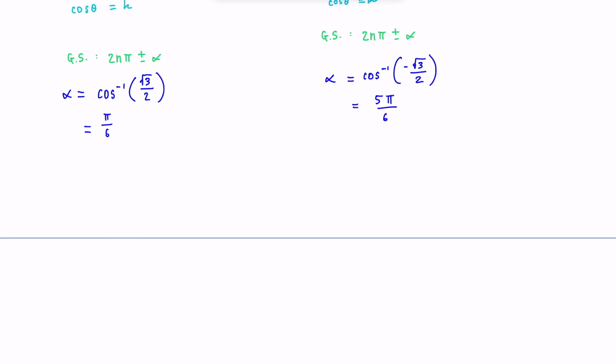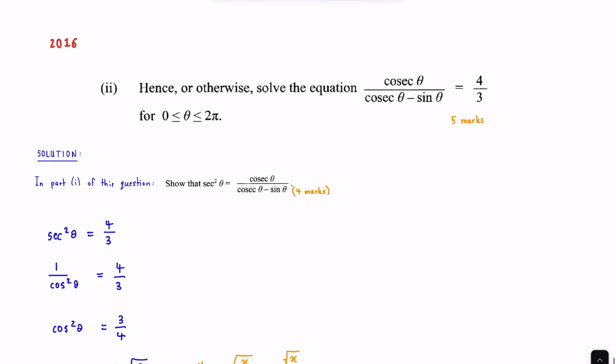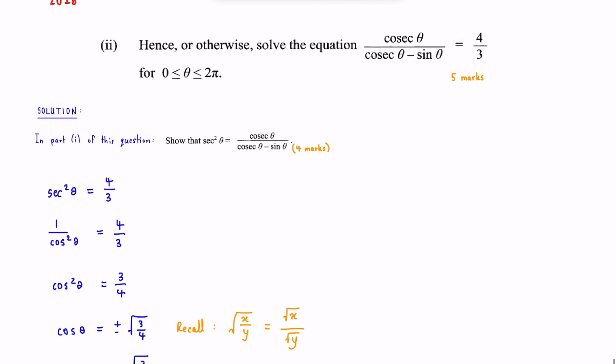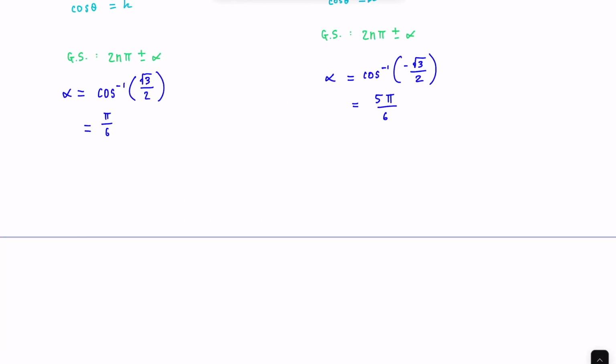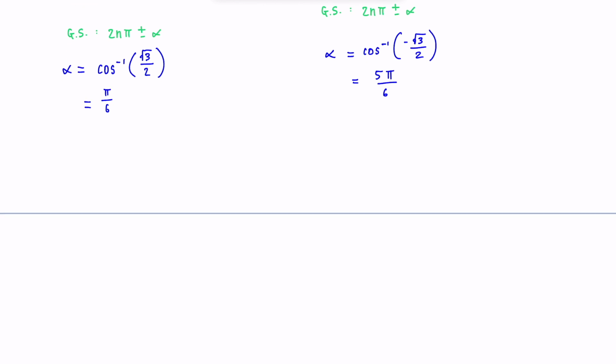Right, now that we have our values for alpha, we have to recall if we have any constraints. And I'm pretty sure that we do. And yes, we do. So we have theta between 0 and 2 pi. Okay, so now we are going to use n equal to 0.